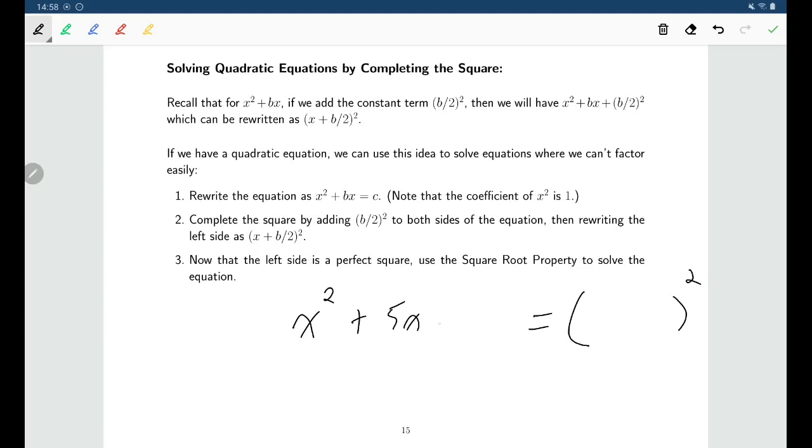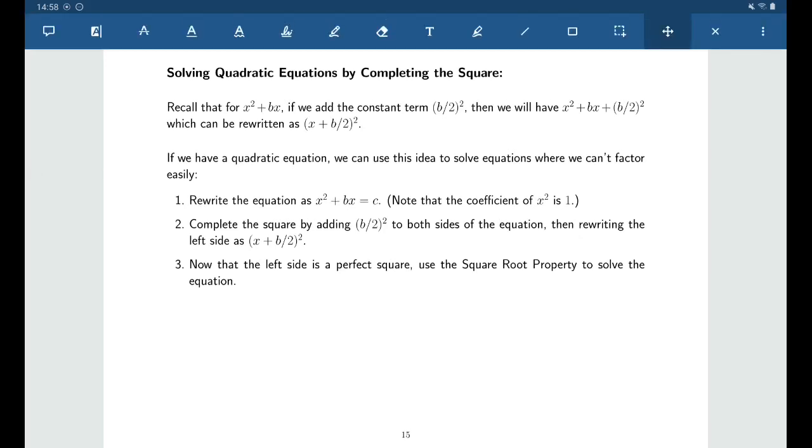And the completing the square part was coming up with that constant term that would turn this from something that was just a quadratic into a quadratic that could be written as something squared. So that's our goal here: if we're trying to solve a quadratic equation, we could do it by completing the square.